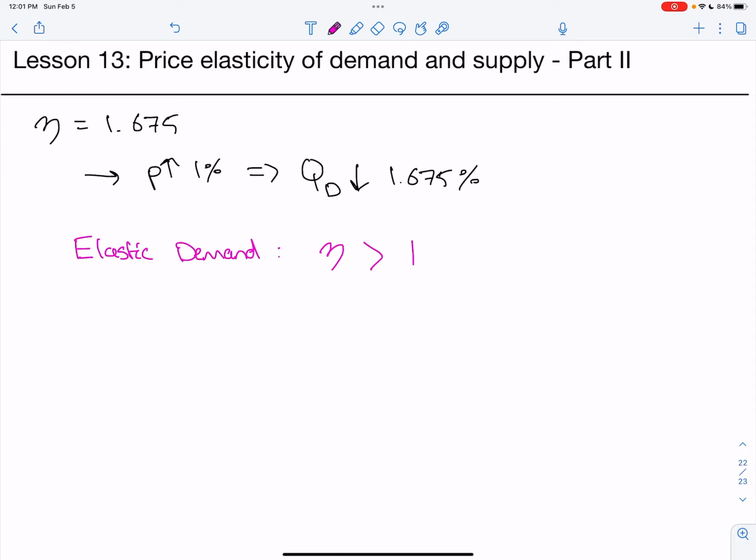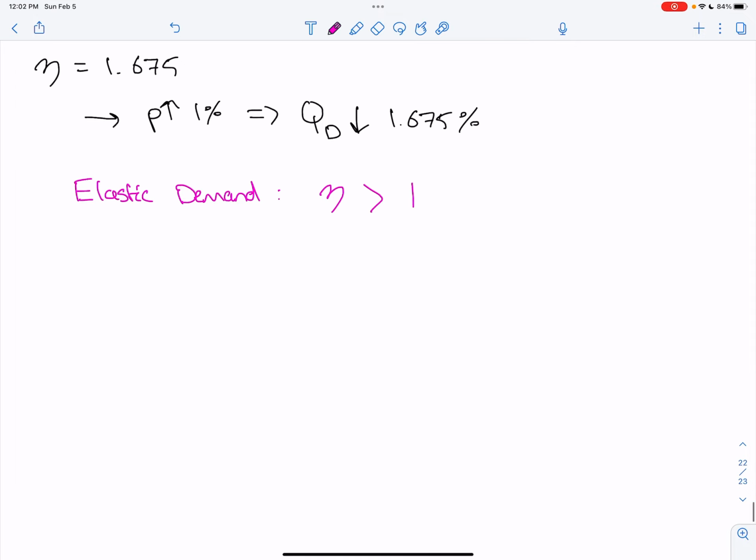Now, in a general sense, if I have x over y, so I have two numbers, let's say these are two positive numbers, just two positive integers to make things simple. If x over y is greater than 1, what does this imply? This implies that x is greater than y.